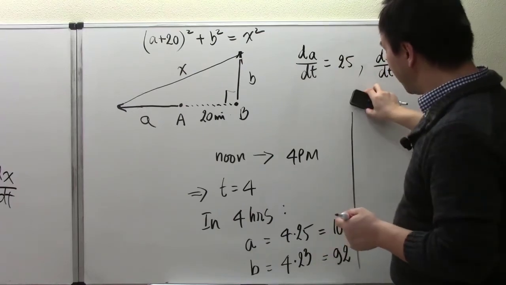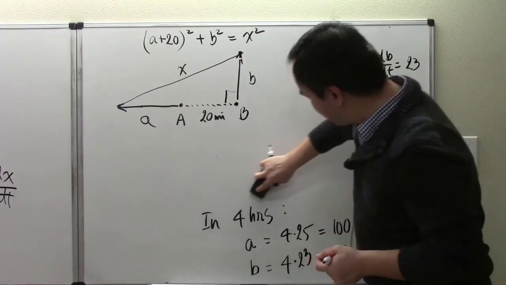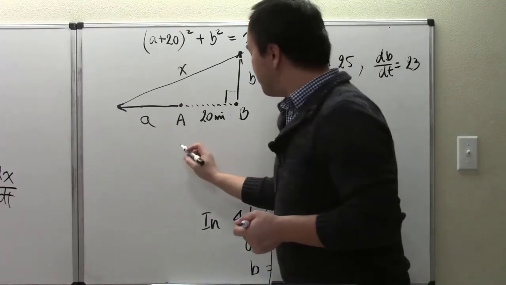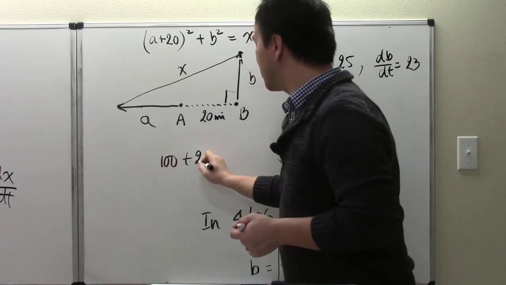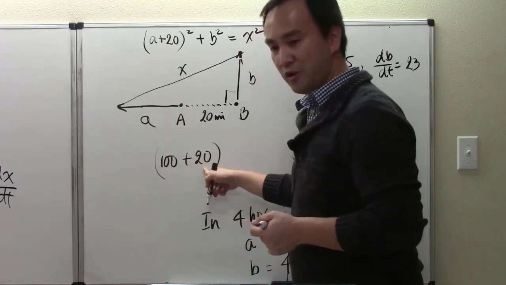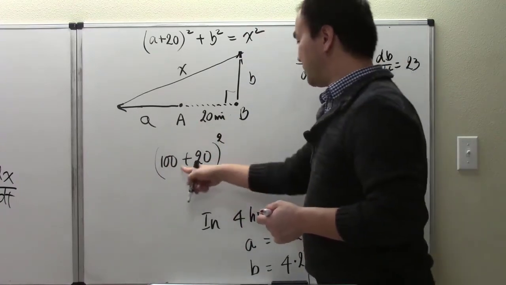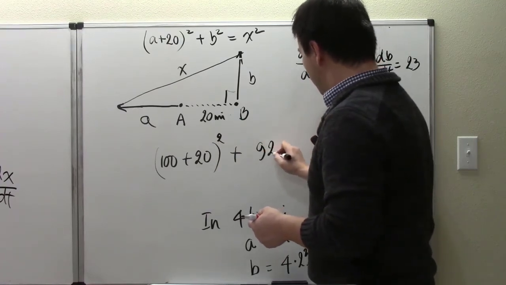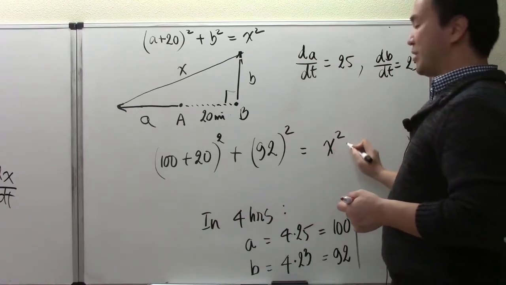I need to erase some of my space to make further work. Now I'm looking at A being 100 plus 20, because that's the initial distance between the two ships. So that square gives me 120 squared plus 92 squared. That will equal x squared.